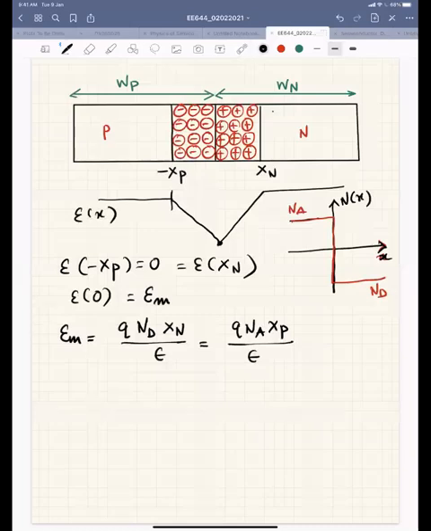So my maximum field for this case is q Nd xn by epsilon, or q Na xp by epsilon. And we know the value of xn.